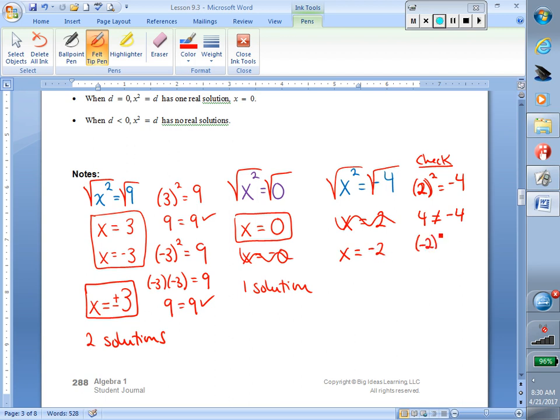Now here's where we have to be very careful when we put this in our calculator. Negative 2 squared is positive 4. So negative 2 doesn't work either. So here's a case where I actually have no solution.